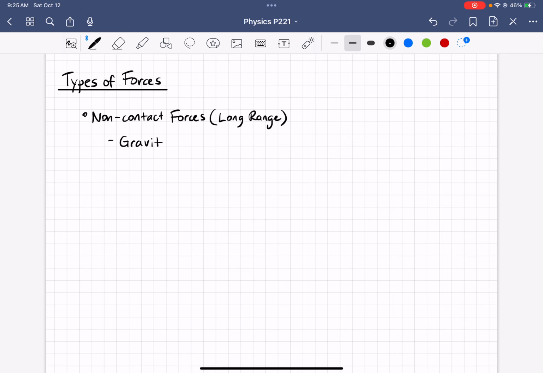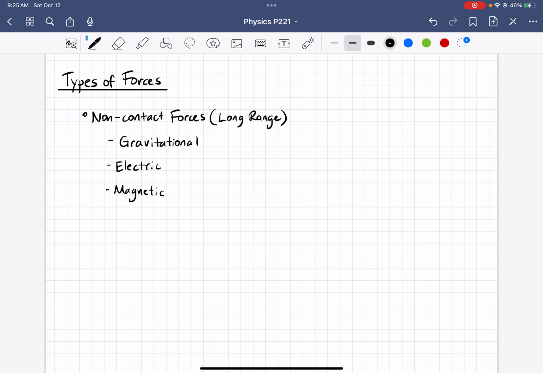So, apart from the gravitational force, we have a number of forces that we can categorize as contact forces. So, as the name implies, this requires there to be direct physical contact between the two objects that are interacting, and there are a handful of different types of contact forces that we will deal with.